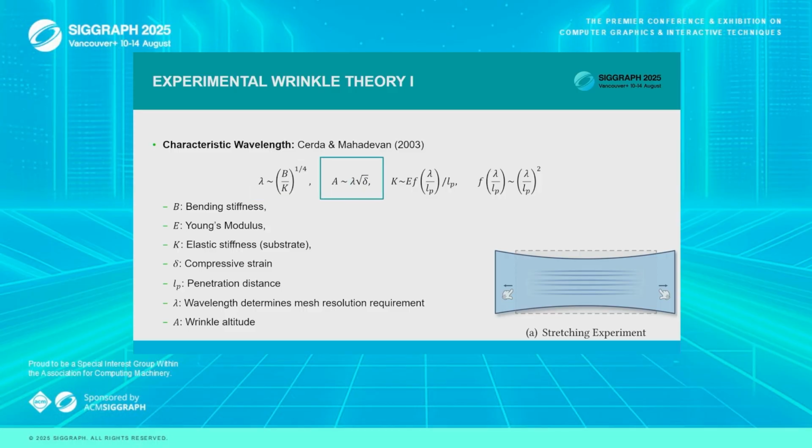And the second formula shows that the wrinkle amplitude is proportional to the wavelength and the square root of the compressive strain. Finally, the third formula relates elastic stiffness to the material's Young's modulus, where the function f plays a key role in capturing the geometry of thin materials.